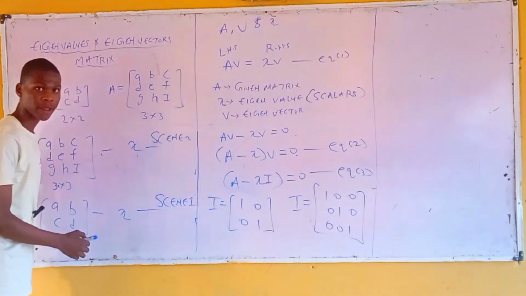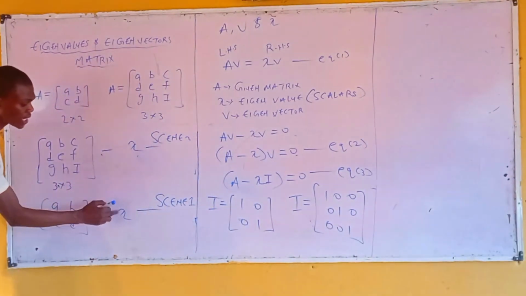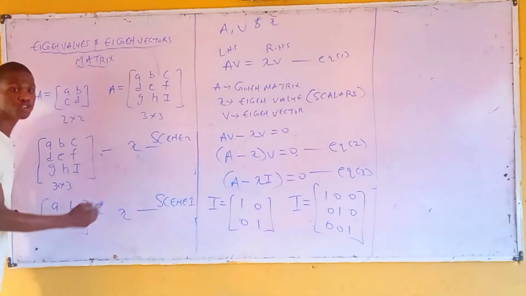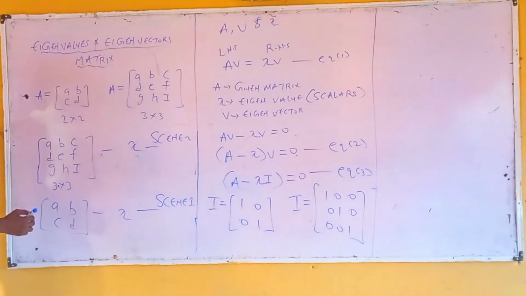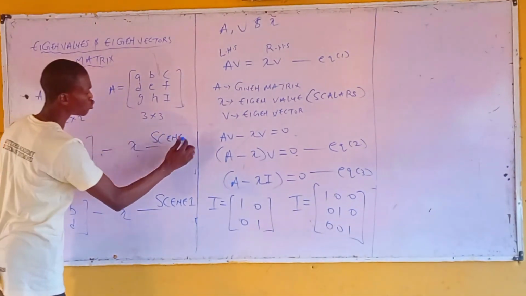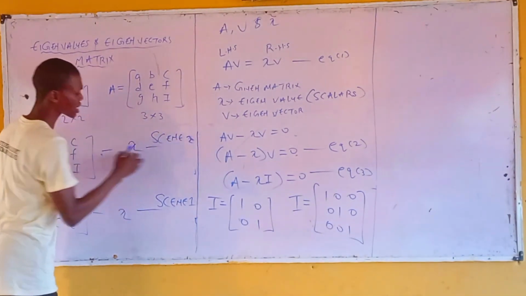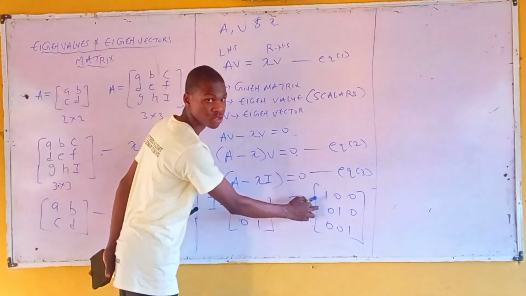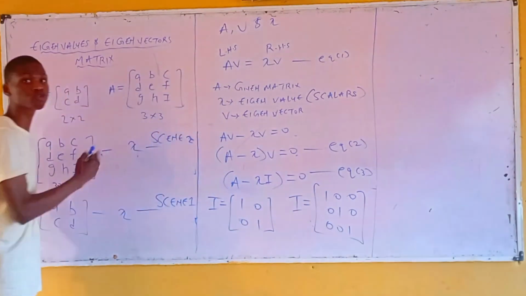And the question is why? By the time you multiply this lambda with the identity matrix, you will be able to subtract this matrix. Are you getting me? Yes. Likewise, if it is a 3 by 3 matrix, meaning scene 2, by the time you multiply this lambda by this identity matrix of a 3 by 3 matrix, you'll be able to subtract.